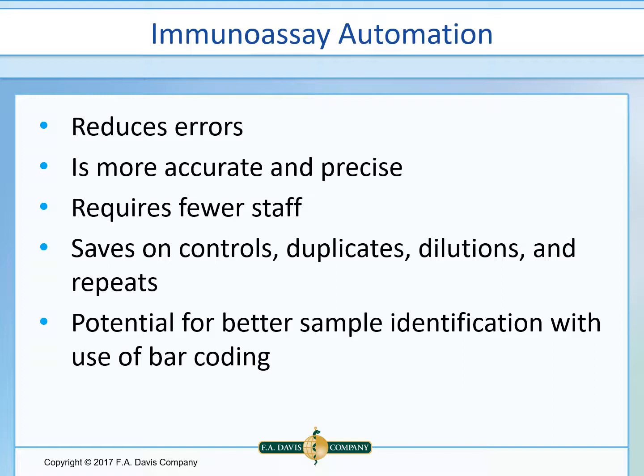Other potential benefits of immunoassay automation include the ability to provide more services with fewer staff, saving on controls, duplicates, dilutions, and repeats, longer shelf life of reagents, and less disposal because of outdating, and also the potential for automation of sample delivery with barcodes for better sample identification.